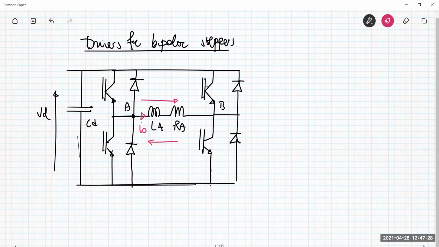This is exactly the driver that you can find in integrated circuits for stepper motors. So this is an extension of our previous discussion about the driver for steppers: the four-quadrant converter as a driver for bipolar stepper motors.